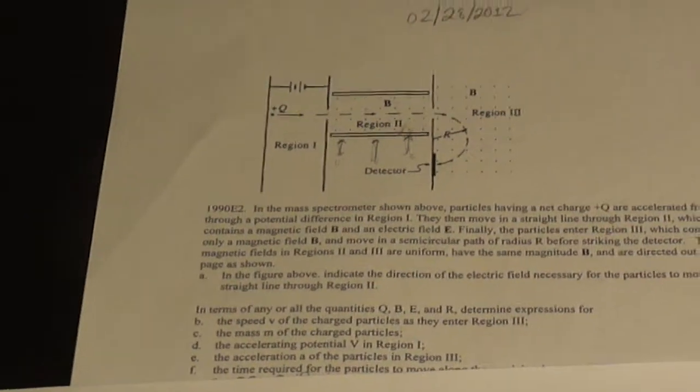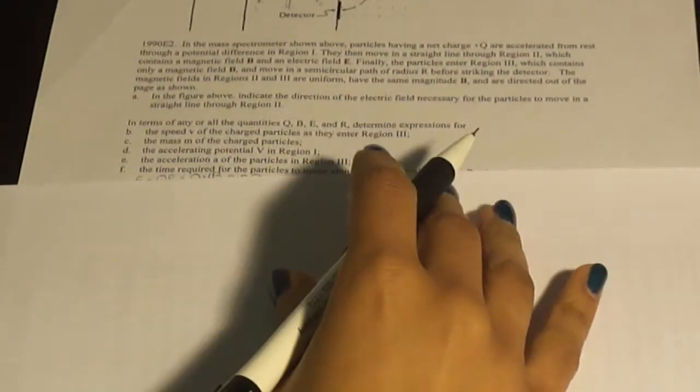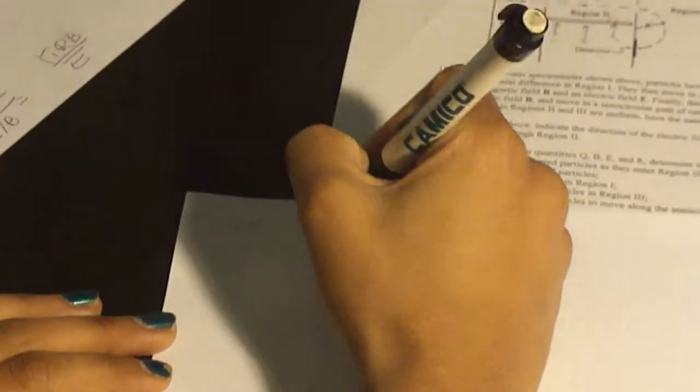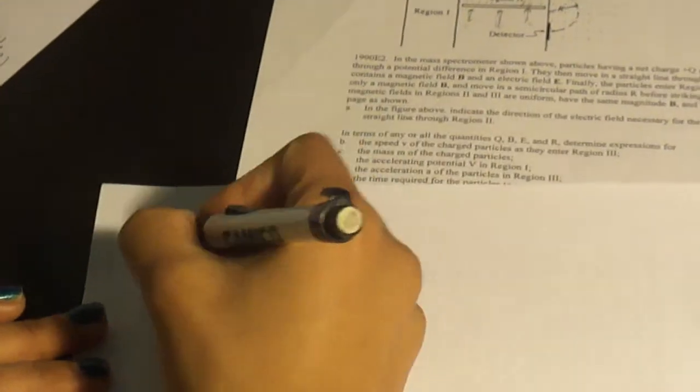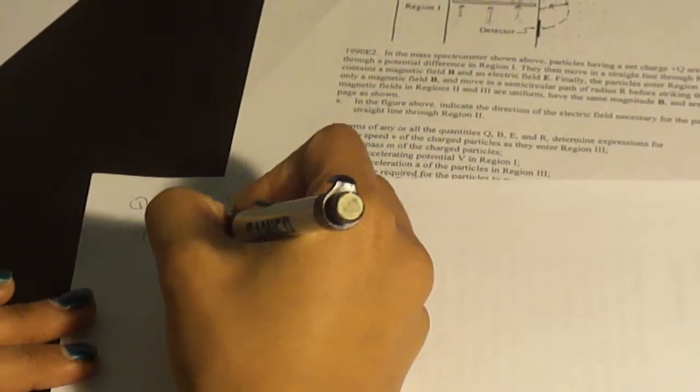Now, the next part says, in terms of any or all quantities Q, B, E, and R, determine expressions for the speed V of the charged particles as they enter region 3. So QE is equal to QVB sine theta. And because they're perpendicular, sine theta goes away, and we're left with QE equals QVB.